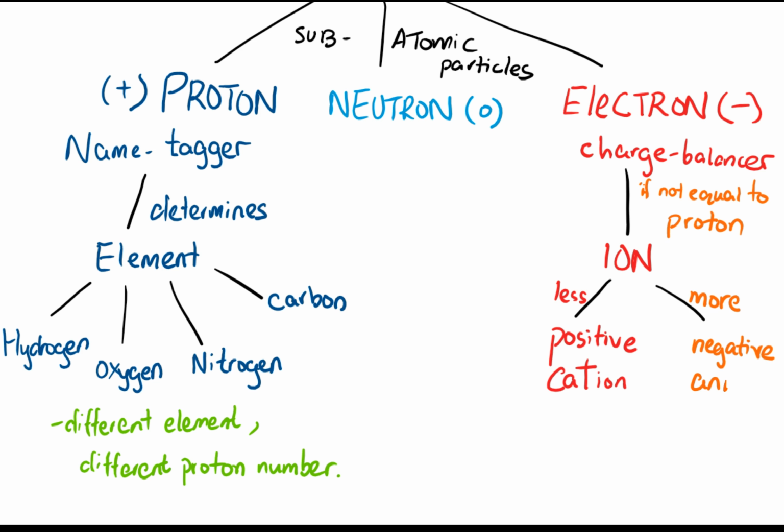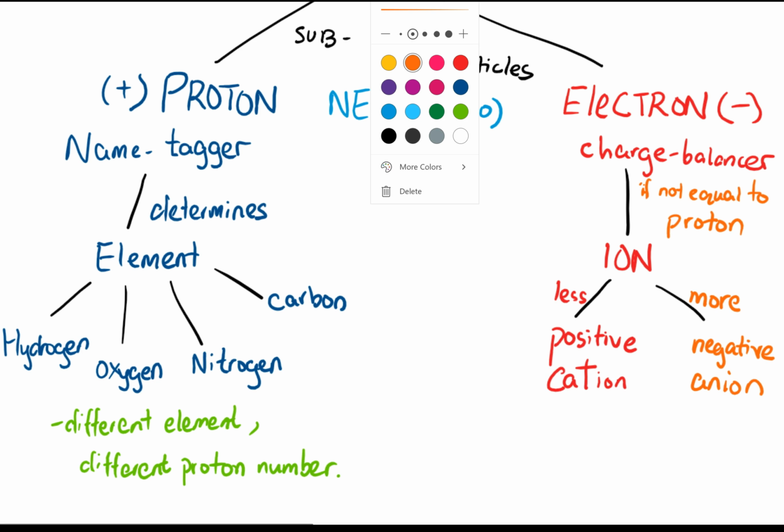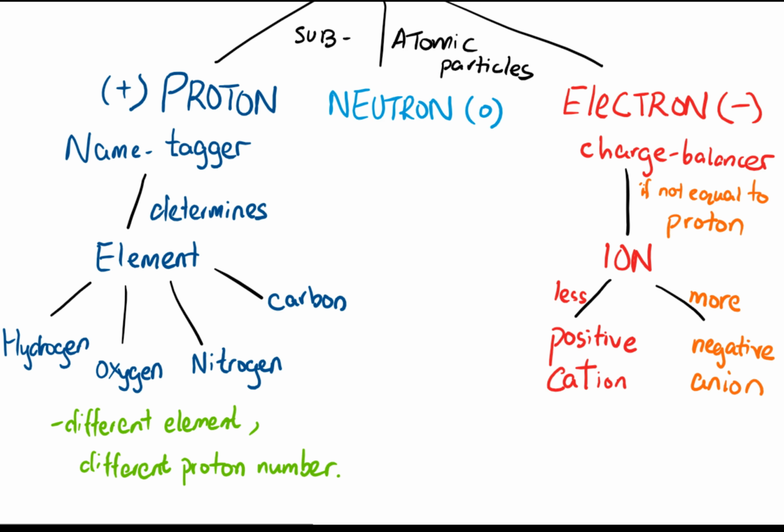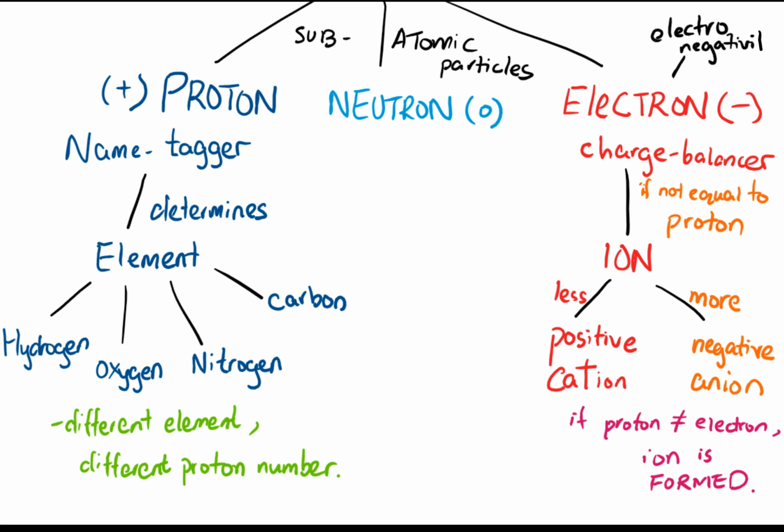If you have fewer electrons, then you have more protons, and you're positively charged. If you have more electrons, then you're negatively charged. So the idea is that if protons are not equal to electrons, an ion is formed. So an ion is really just a charged particle. Electrons also determine your electronegativity, which was discussed in the previous video.